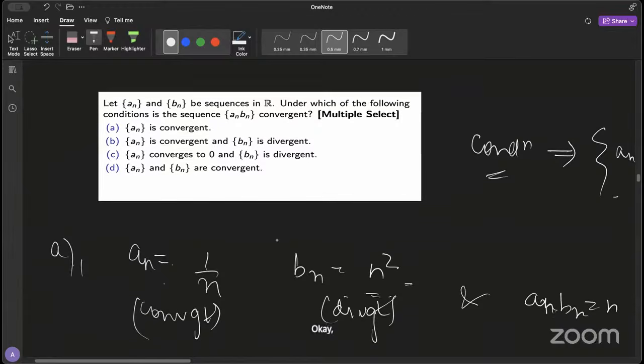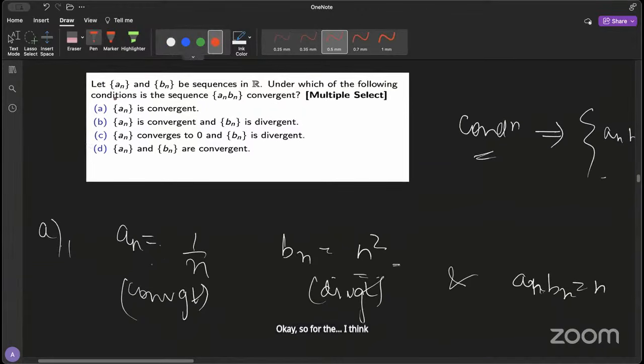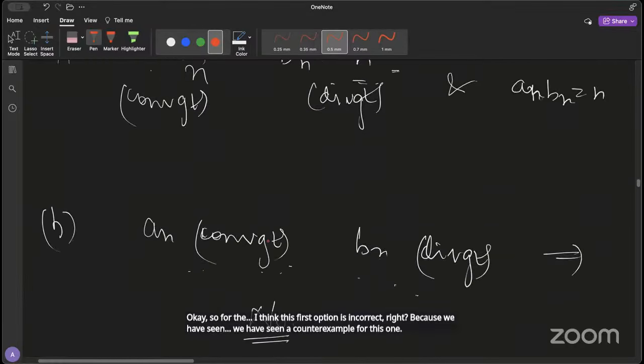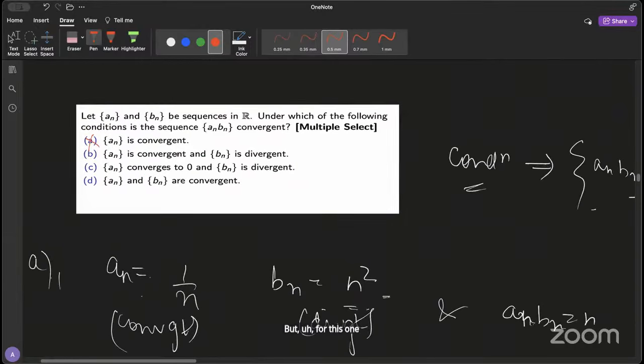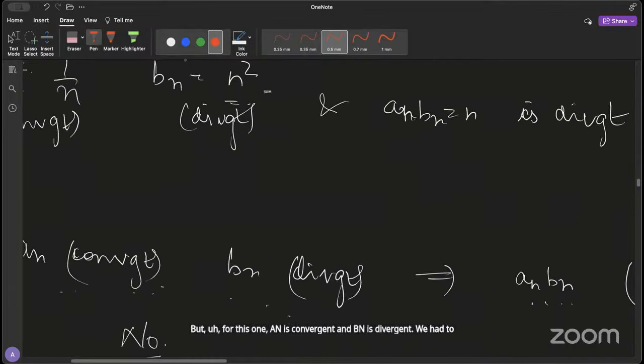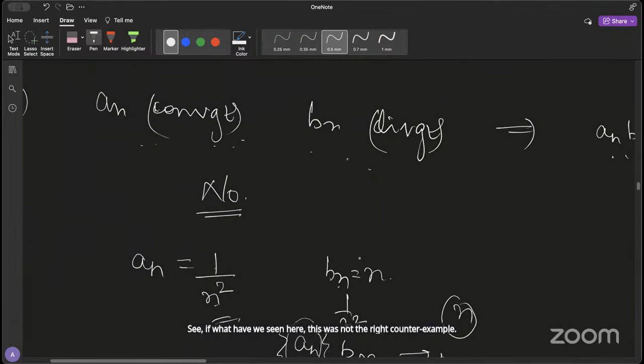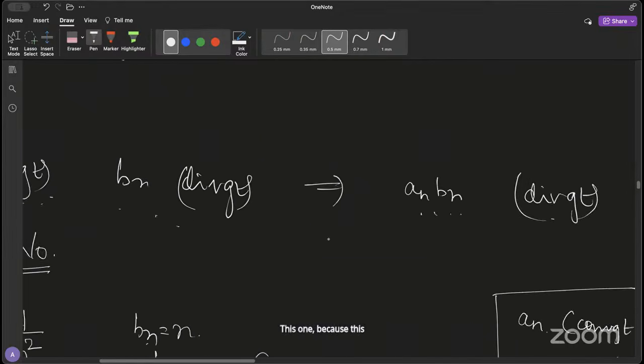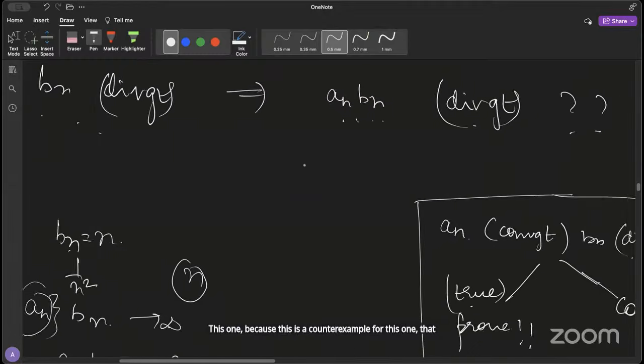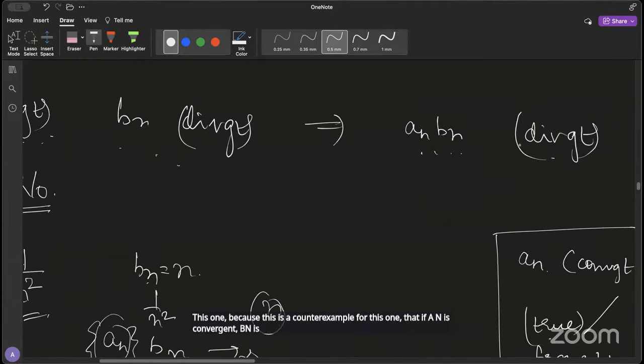I think this first option is incorrect, right? Because we have seen a counter example for this one. For this one, an is convergent and bn is divergent. This was the counter example for the claim that if an is convergent, bn is divergent, then an bn is always divergent.